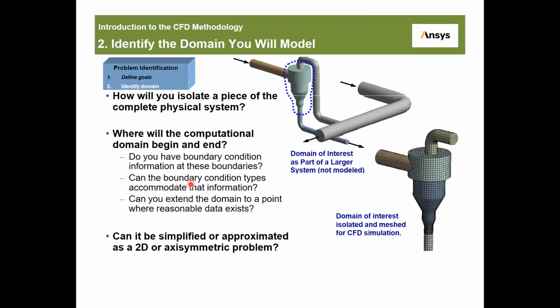Identify the domain you will model. For example, if you want to model a system, you need to identify: we have a complete set here, which part do I actually want to analyze?